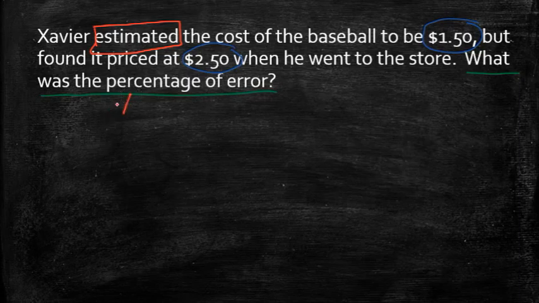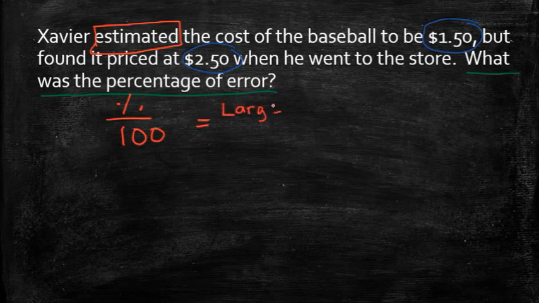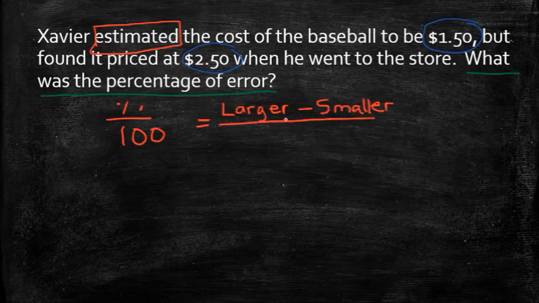Okay, so you have your percentage over 100, and then the larger number and the smaller number. So you're taking the smaller number from the larger number, and then the actual amount, which turned out to be $2.50.